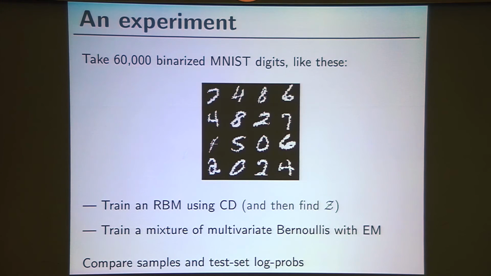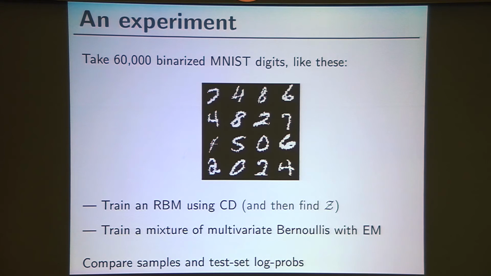Okay, so what can we do with estimates of the normalizing constant? I believe that Russ has already shown you this demo, so this will partly test your memory and partly make you see where it fits in. He got 60,000 binarized MNIST digits, and he fitted an RBM to them, and then you can ask the question, which is better?